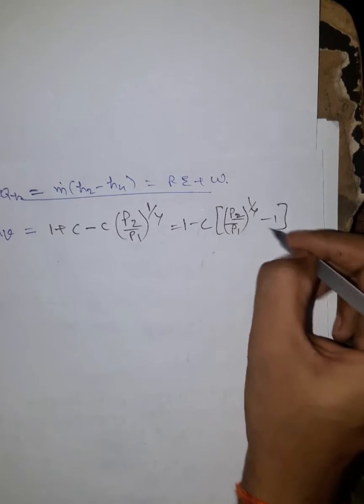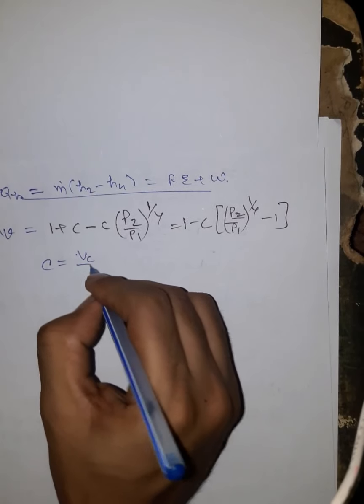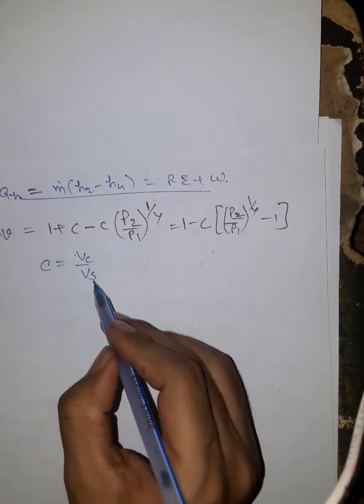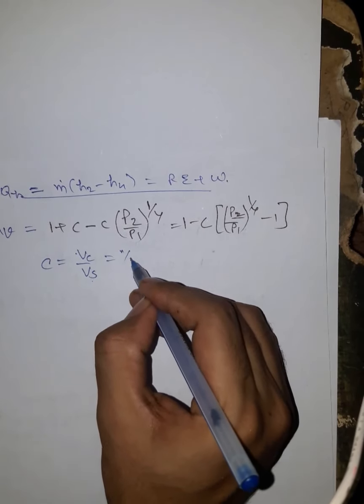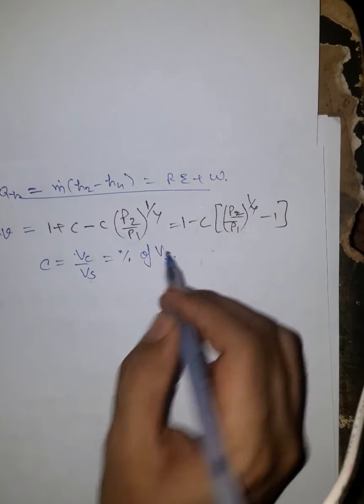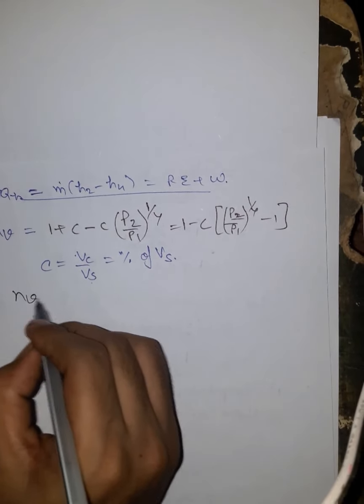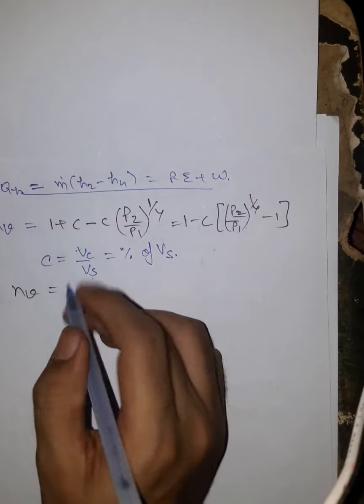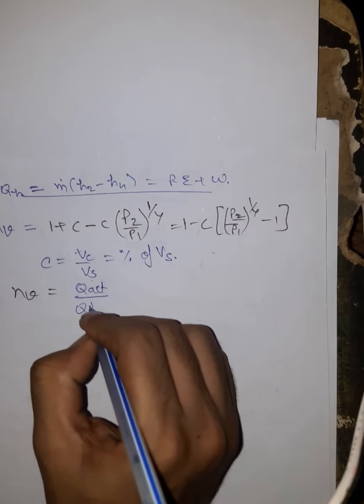We would derive this formula in a separate video, so don't worry about this. What is c here? C is Vc over Vs, where Vc is the clearance volume and Vs is the effective swept volume, and it is sometimes given as a percentage of Vs in numericals.